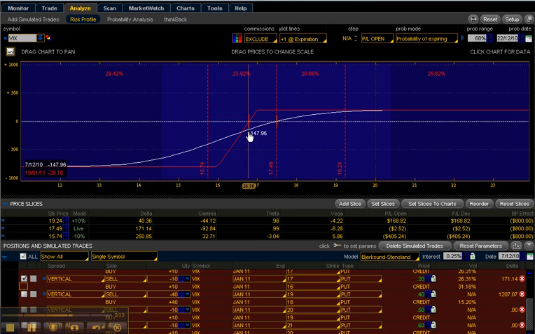Now, probably the likelihood of it going to these levels of under 16.8 is very low. However, if it does go below that, you're looking at a significant loss. The ratio here is a profit to loss of 1 to 4. So I don't like this trade so much.